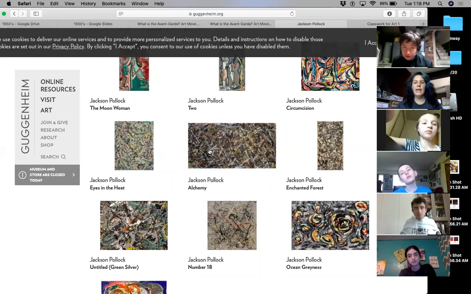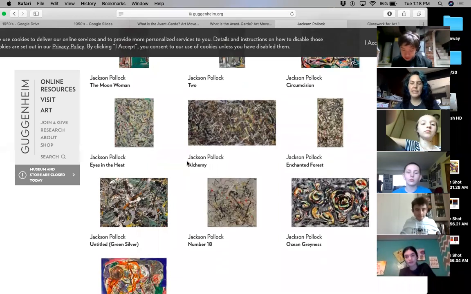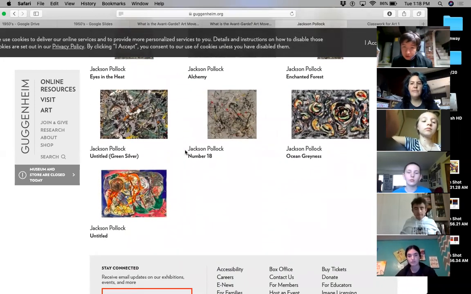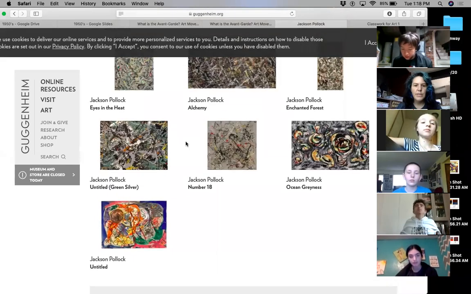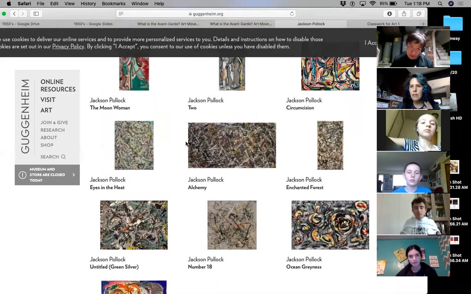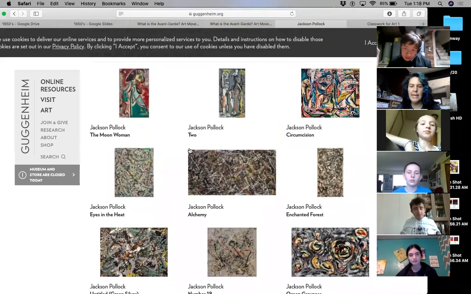So even though it looks like my 4-year-old sister could do this and just sling paint, until I learned about his process, I didn't appreciate his work. But it was very, very deliberate, every movement. Sometimes he would spend an hour even thinking of which way a line would go. So I think that in itself makes it kind of interesting.